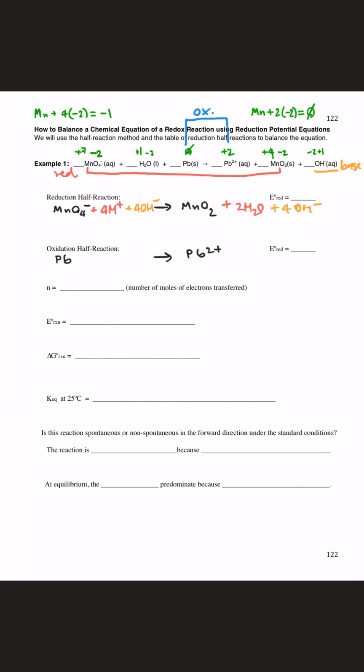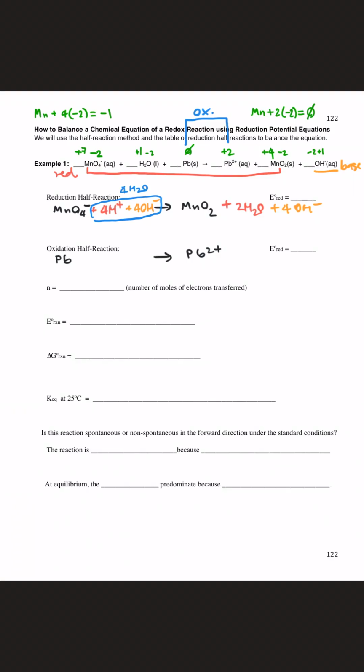The reason for that is because, again, you will need to make sure that the hydroxide and proton cancel each other out. And these 4 protons add to 4 hydroxide, they are going to neutralize each other to become 4 water.